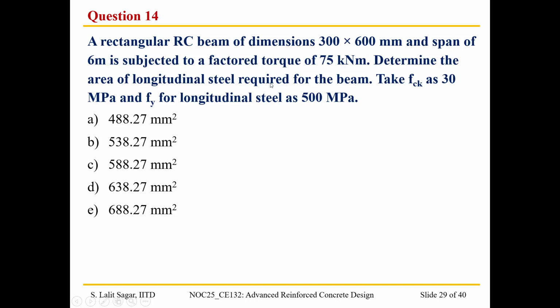So we are going to be considering two big problems for torsion. One is subjected to pure torsion, and the other is going to be subjected to torsion, moment, and shear. Okay. So please take a few minutes and read this problem. Then we can solve the problem together.